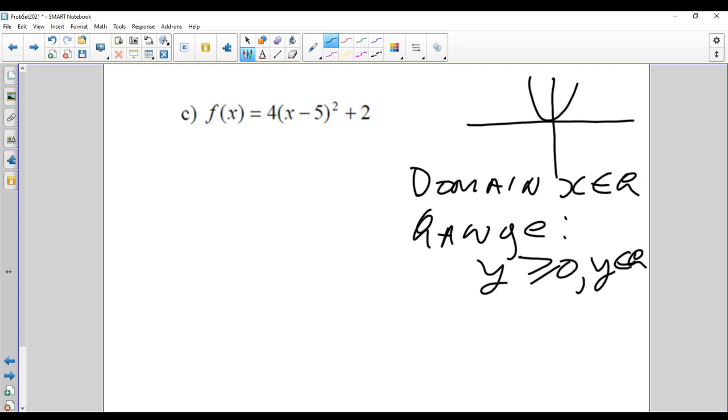Now, give me a list, please, of all of the transformations. Gary, help me out, please. Give me a list of all the transformations you see going on with this function, f of x or y equals 4x minus 5 squared plus 2. Good. VS by a factor of 4.